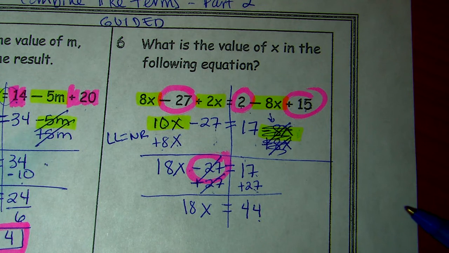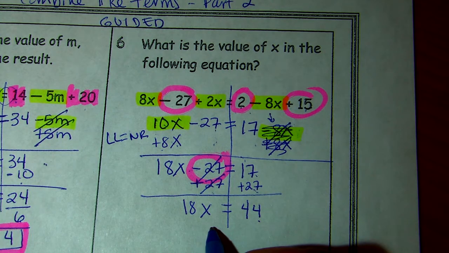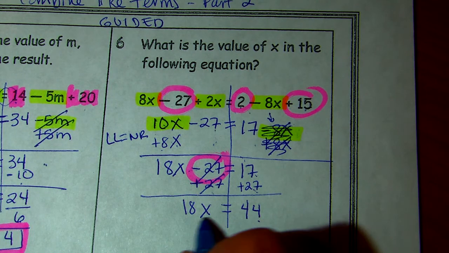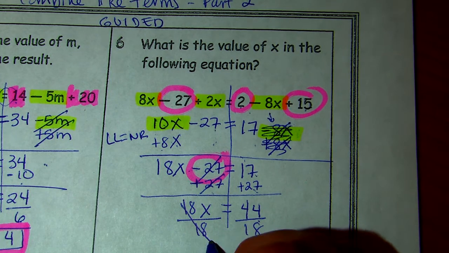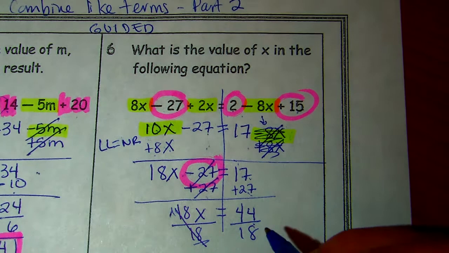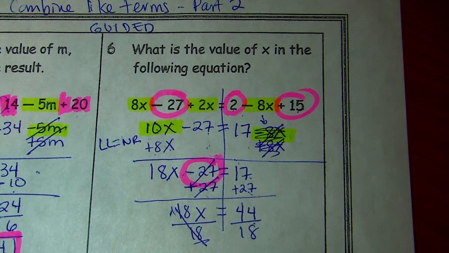Okay. 44. I think I'm right. Okay. All right. So finally, to solve for x, what do? Divide by 18, divide by 18. So this becomes a 1, and x equals, I'm going to just put the division on a regular calculator.